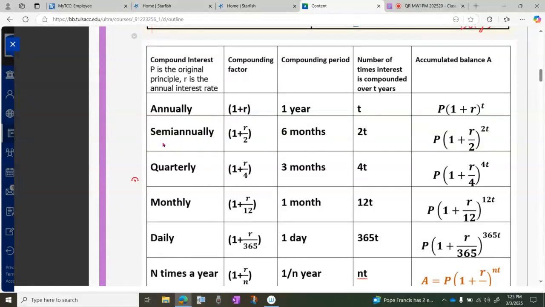And what if your chicken lays eggs twice a year, every half a year? Then the compounding factor is 1 plus the semi-annual interest rate. R here is still the annual interest rate. Divide the annual interest rate by 2, and we have the semi-annual interest rate. You can understand interest rate as productivity.